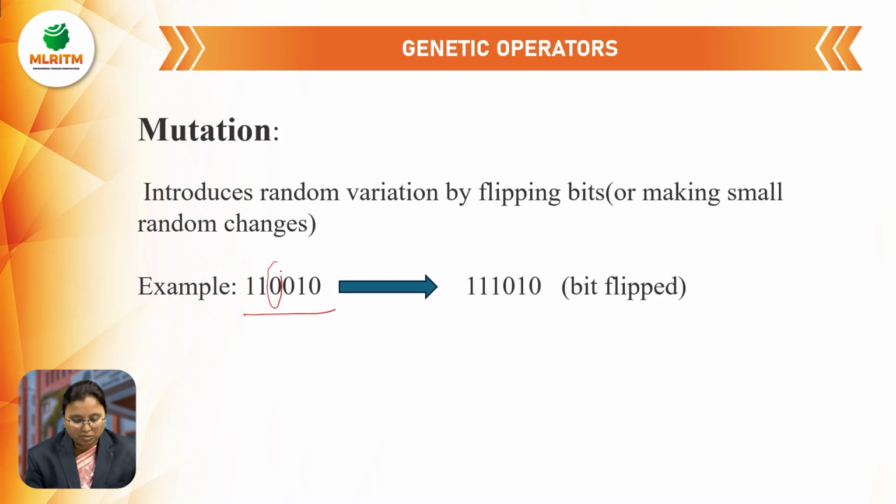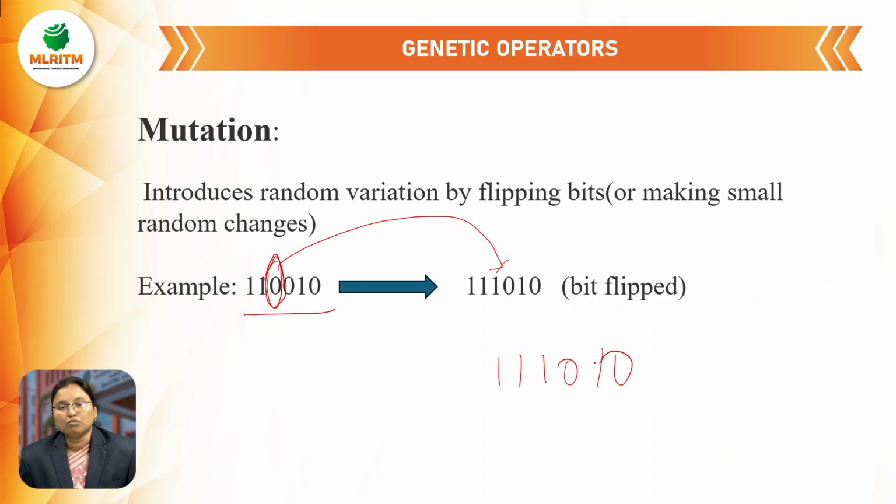Only one bit is randomly changed: 0 becomes 1 and 1 becomes 0. In this place we randomly change only one bit, and finally we get 1 1 1 0 1 0.